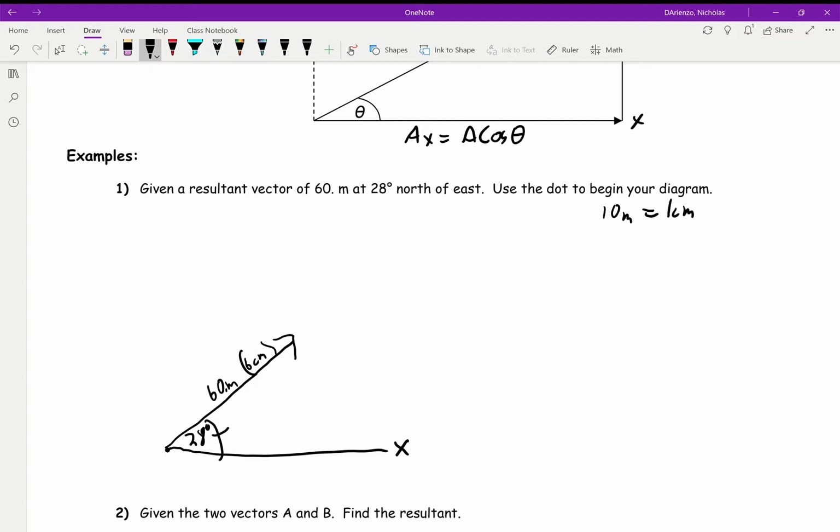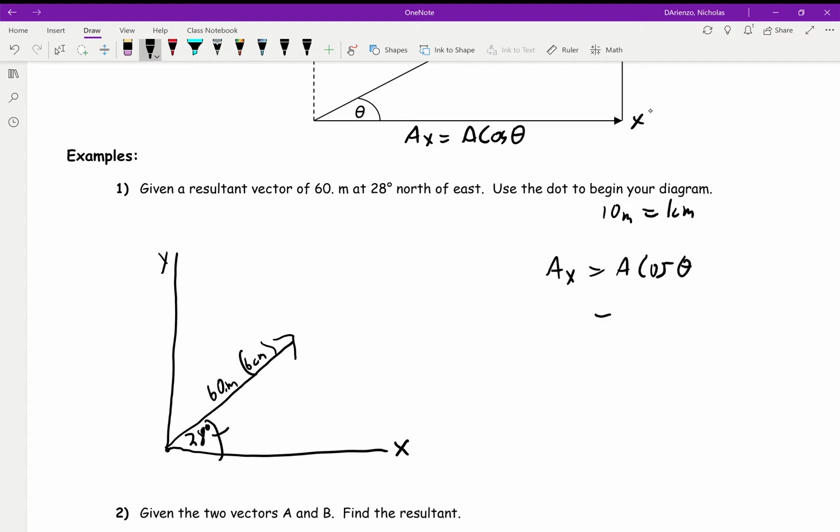We can construct our perpendicular axes here, our y component. And since we're not going to do this graphically, we can use trigonometry to find our x component, A of x equals A cosine theta.